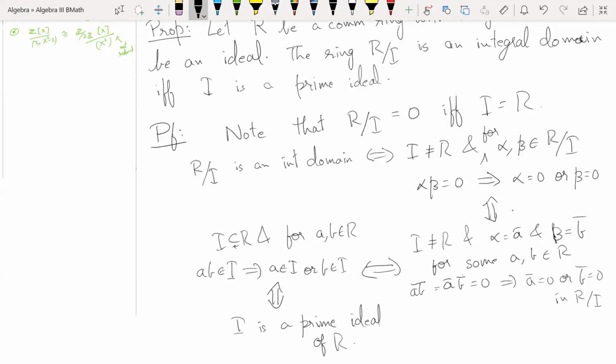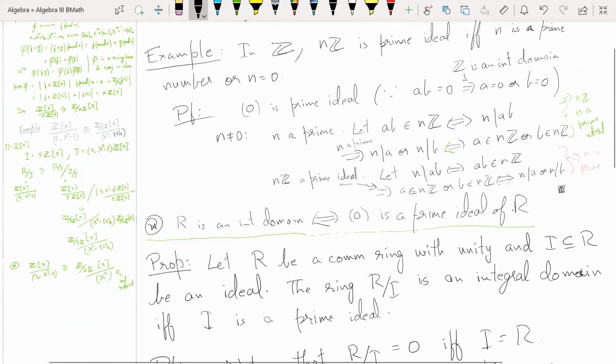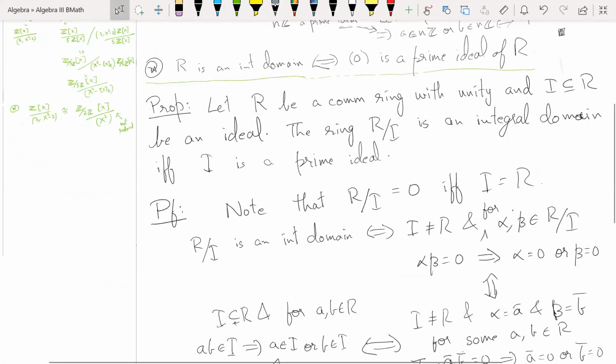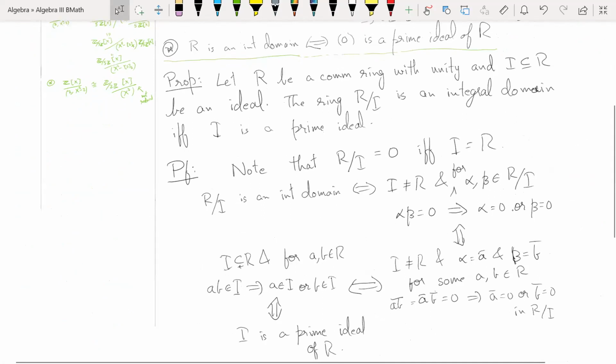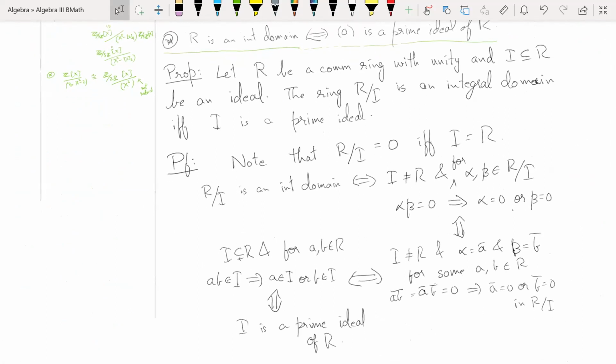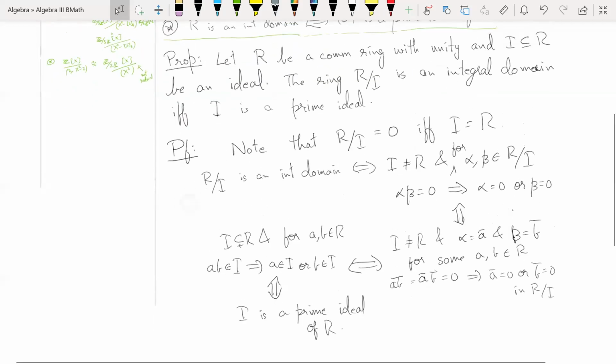So this is one way to check whether an ideal in a ring R is a prime ideal or not. You go mod that ideal and check whether it's an integral domain. As an application, maybe I can do one example here.